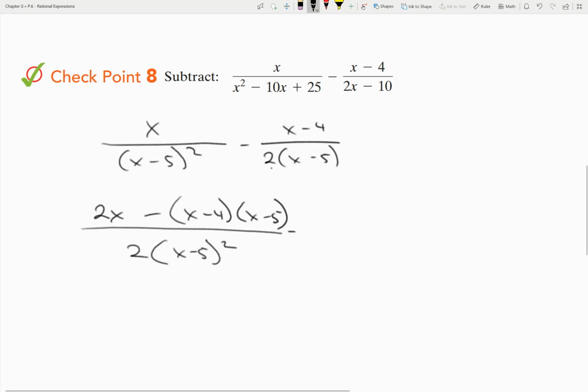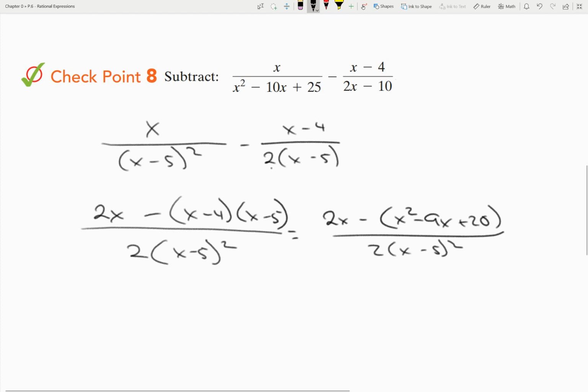Okay, so don't get lost with the sign here because we're going to do the multiplication first: x squared minus 9x plus 20, over 2 times x minus 5 squared. And then let's distribute the negative and combine like terms.